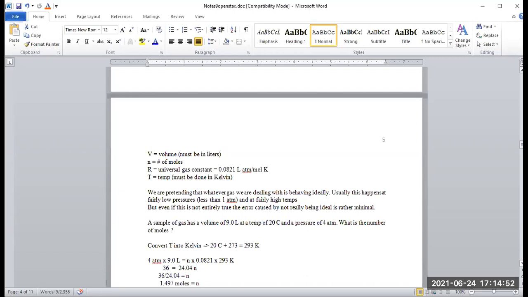But the other thing that plays into this is, in reality, this only works well at relatively high temperatures. So we're making some assumptions that are not entirely true.